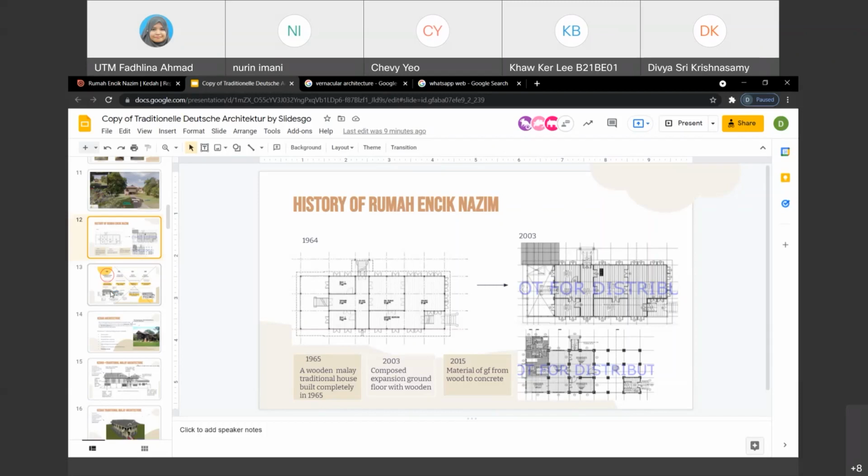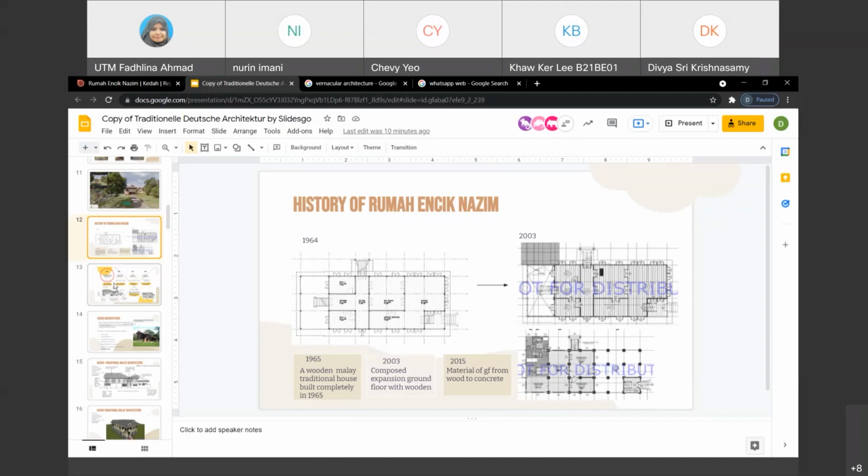All right, okay. And they changed their ground floor from wood to concrete in 2015. So the first floor remained; they didn't change any layout.